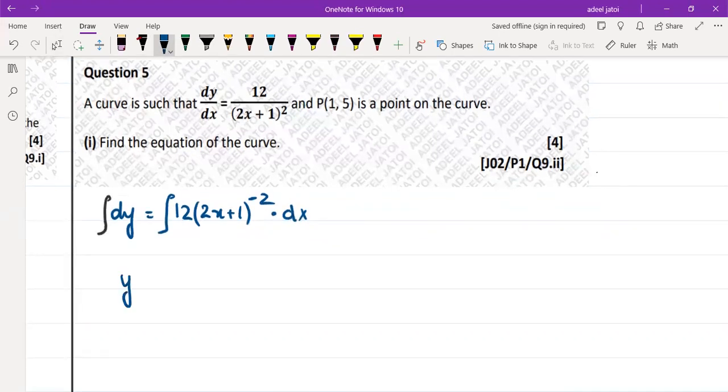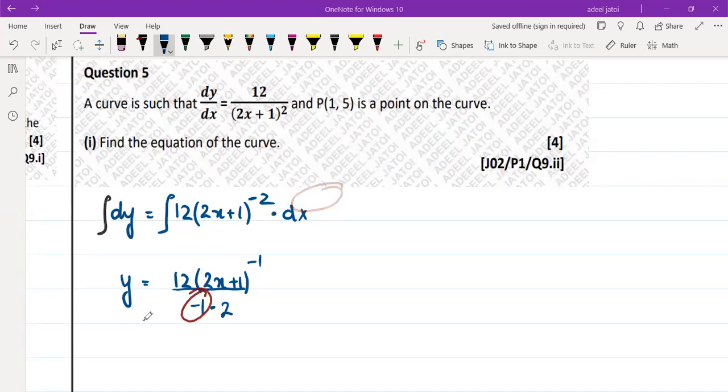So y is 12, (2x plus 1) to the power minus 2 plus 1, which is minus 1, upon negative 1, but the differential of the bracket will be 2. Remember, minus 2 plus 1 is minus 1.